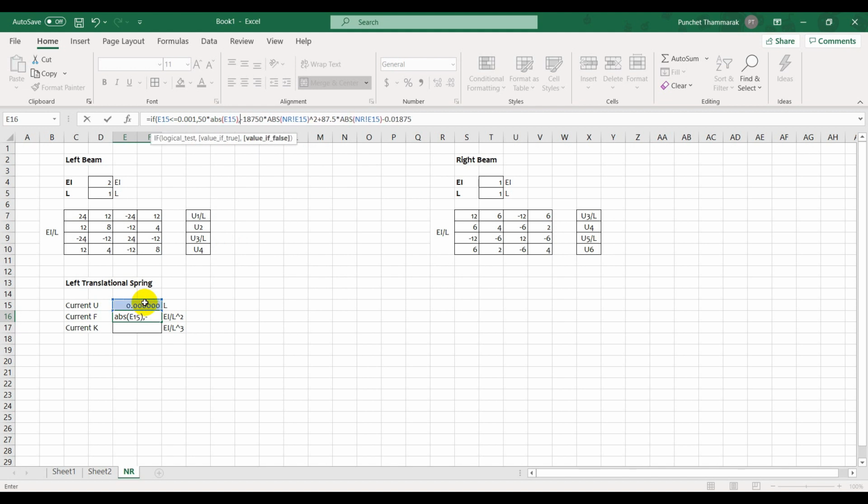Then it will be nonlinear, so I need to put this absolute value as well.